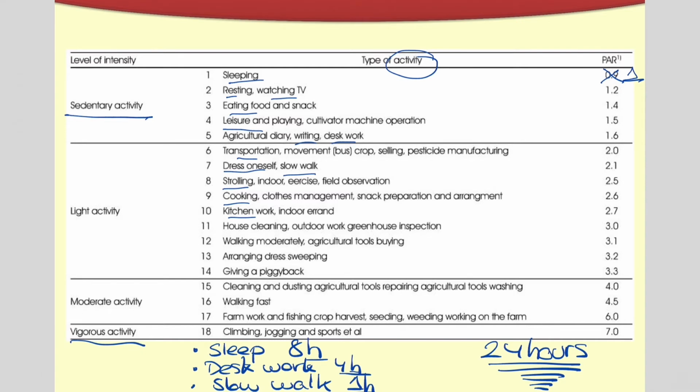Later you have to look them up in this table. For example, sleep has a value of 1, so we multiply it by 1. Desk work is here and has a value of 1.6, so we multiply it per 1.6. Slow walk is here, 2.1, so we multiply it per 2.1.